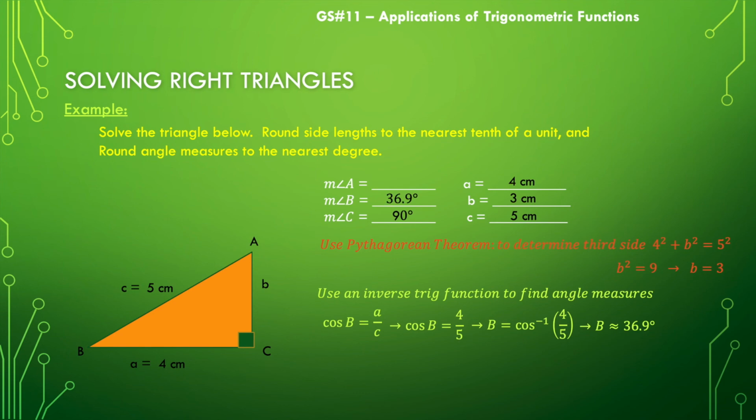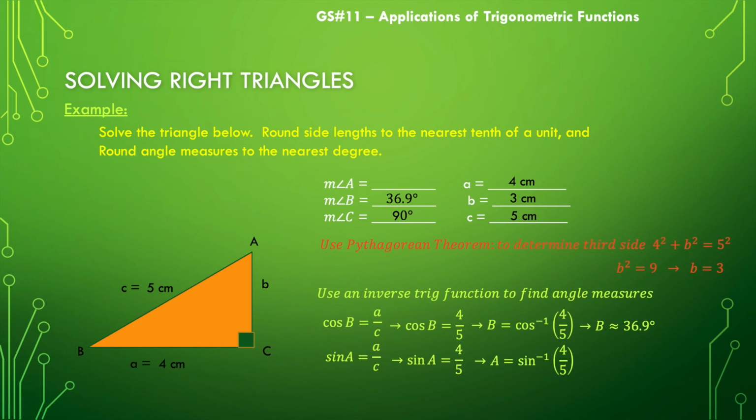And then we would do the same thing for angle A, except for angle A, we're going to go opposite over hypotenuse, which will be our sine function. So we would say the sine of angle A is A over C, which means the sine of angle A is 4/5, which means A will equal the sine inverse of 4/5.